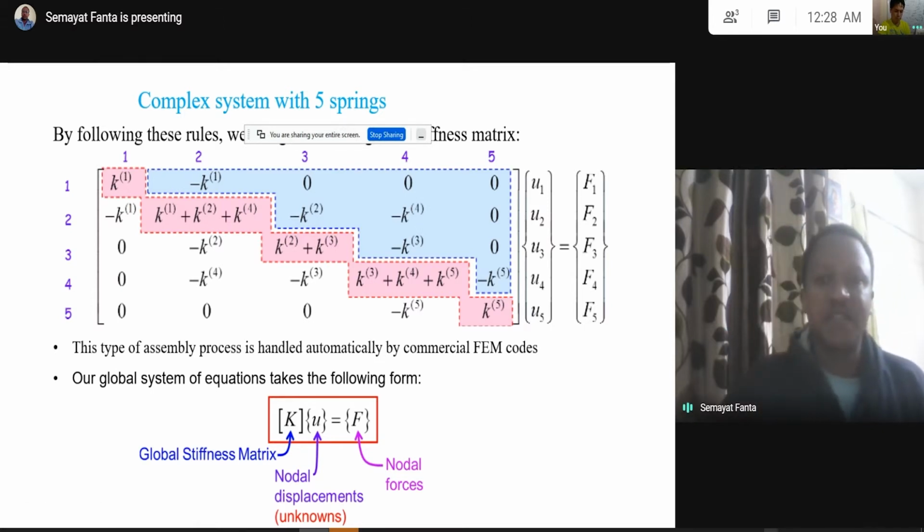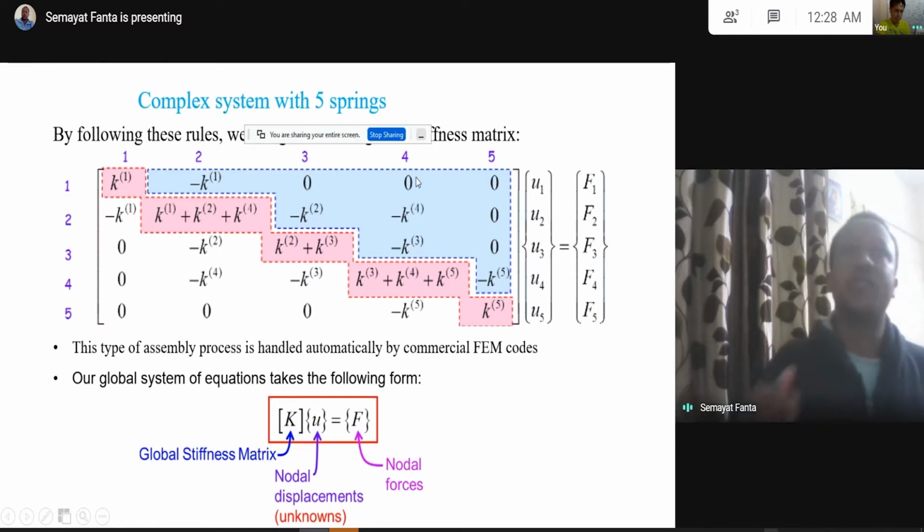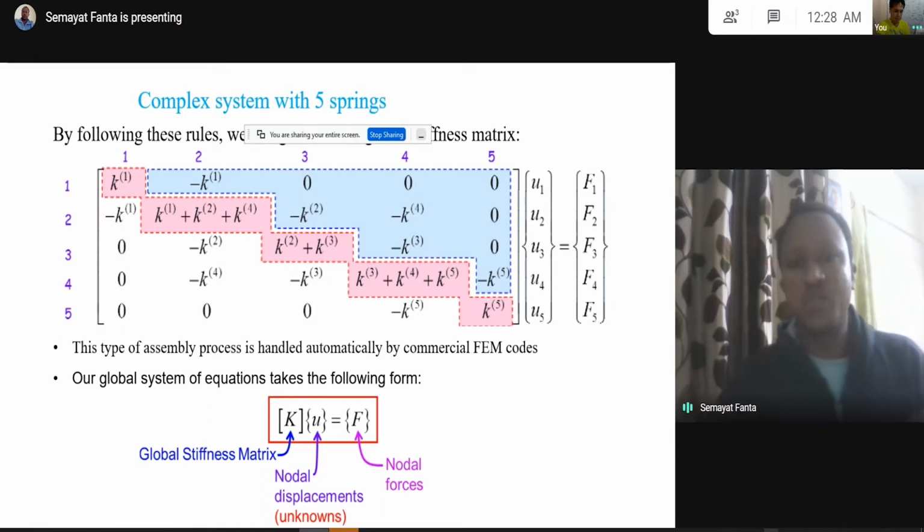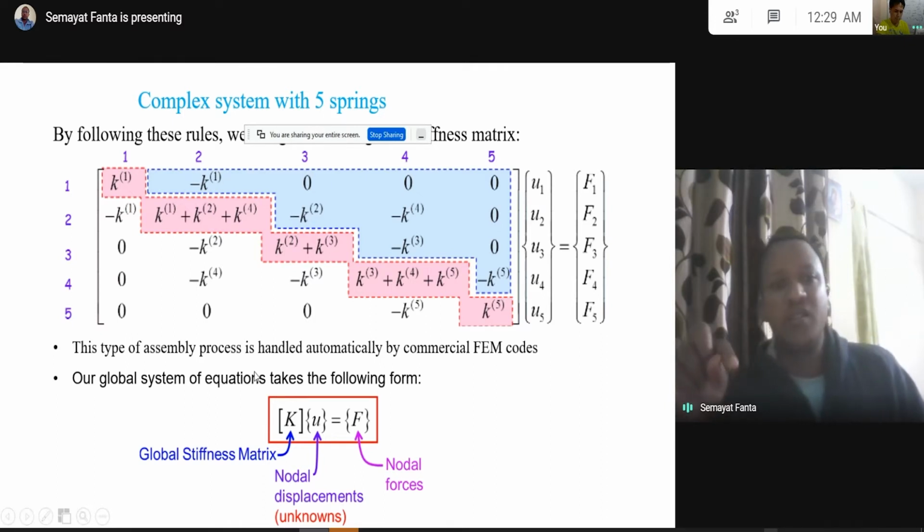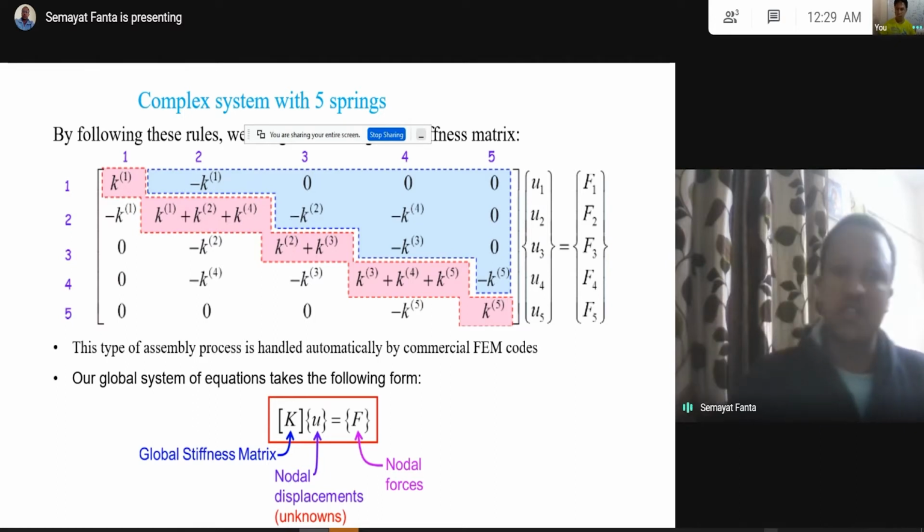The third spring is in connection with the second spring, so we have K3, minus K3, minus K3, plus K3 here. And finally, K4 joins node 2 with node 4, so we have entries in the second column, second row, and the fourth column, fourth row.